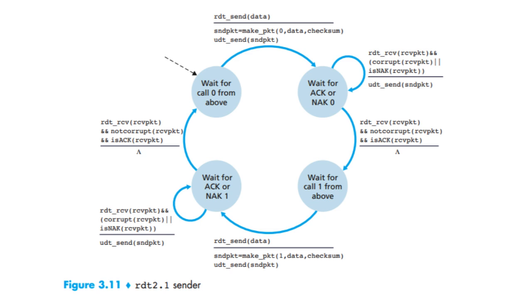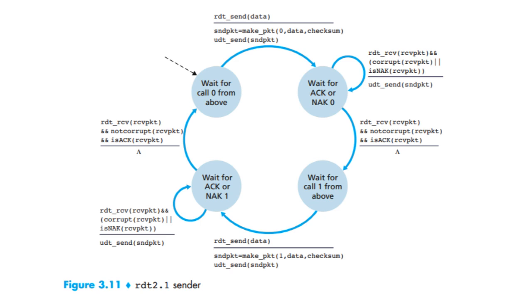Protocol rdt2.1 uses both positive and negative acknowledgements from the receiver to the sender. We can accomplish the same effect as a NAK if, instead of sending a NAK, we send an ACK for the last correctly received packet.